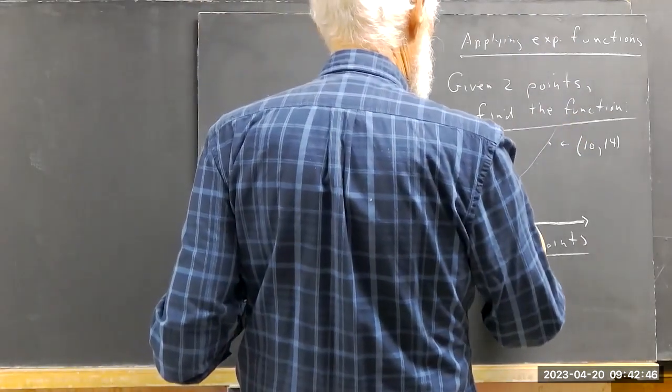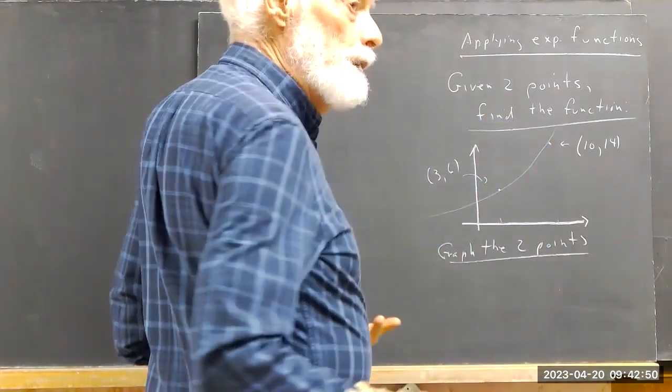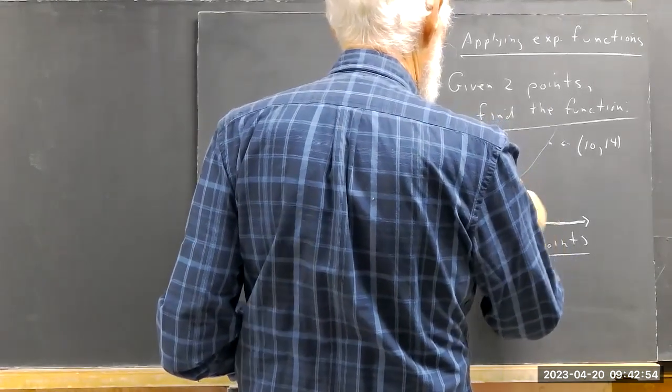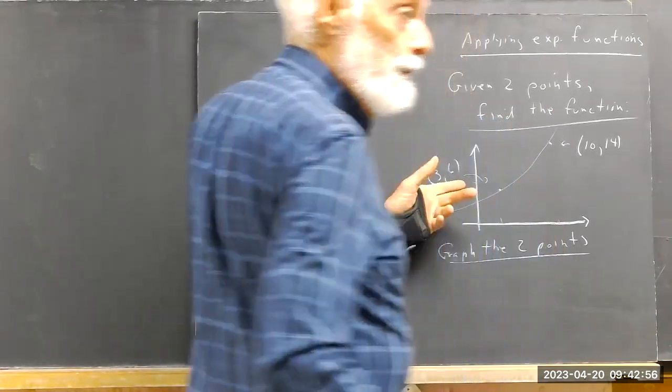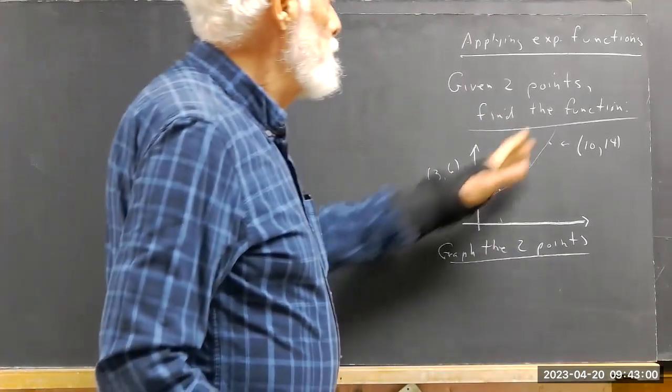If this is 3 and this is 10, and if you've got a reasonably well-scaled graph, you come out where 5 is here, you go up, you come over, and you can estimate what the value would be. Okay, and this keeps you honest.